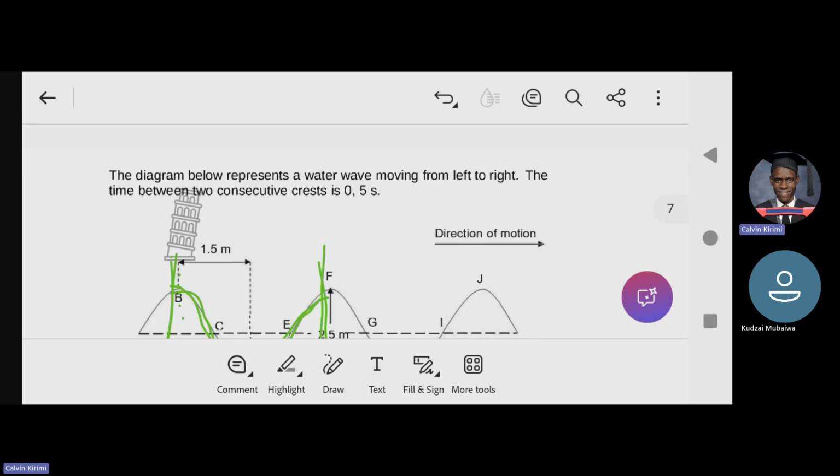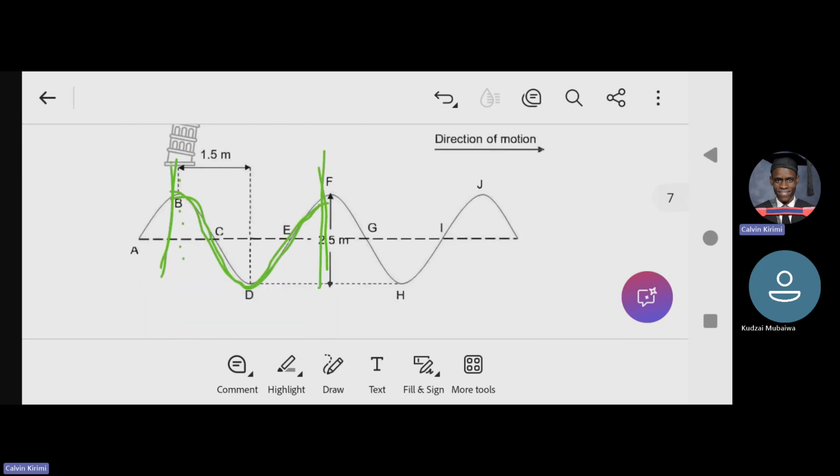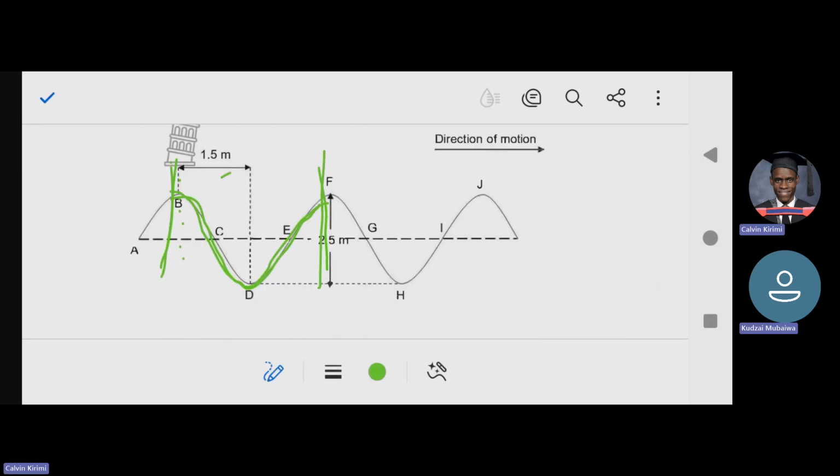So to complete one cycle, it's taking me how many seconds? 0.5 seconds. So 0.5 seconds to complete one cycle. But the frequency means per second. If this is 0.5 seconds, in 1 second I would have completed how many cycles? Another 0.5 seconds, so 2 cycles. So my frequency will be how much?